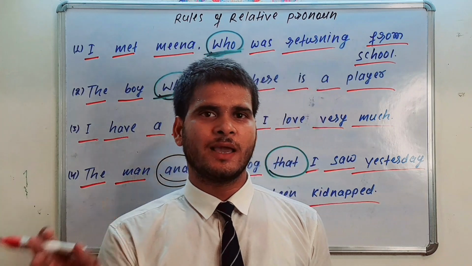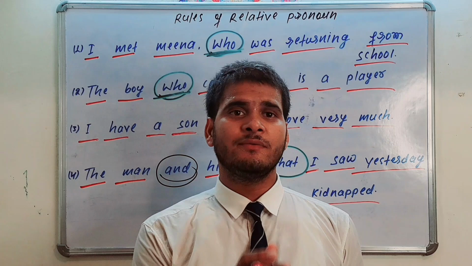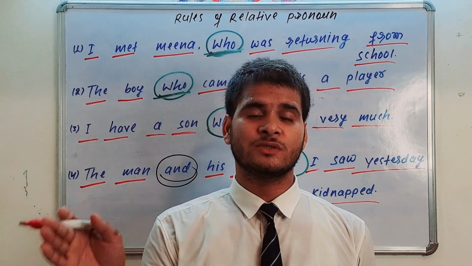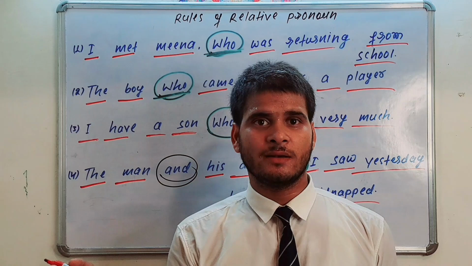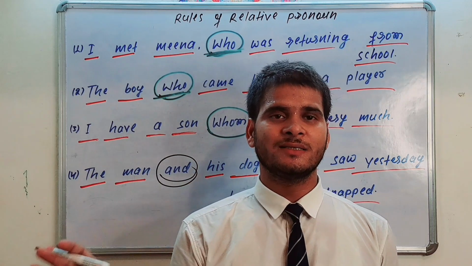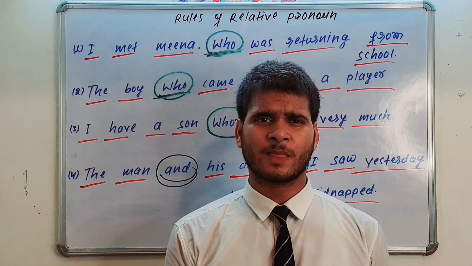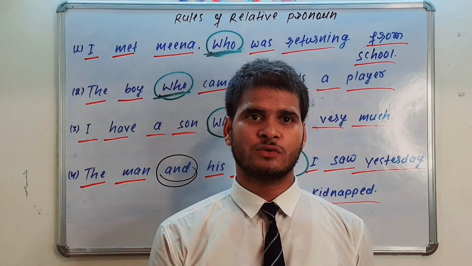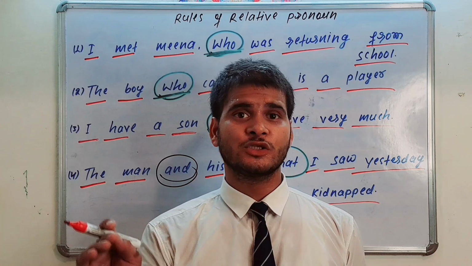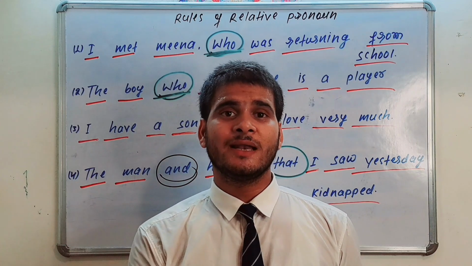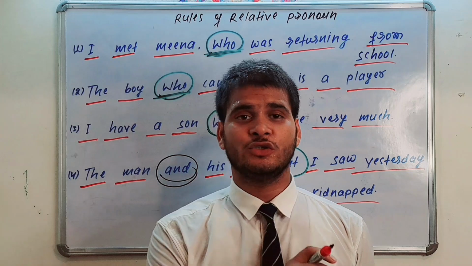Now let's see again and understand it better. Third rule: if two antecedents are used in a sentence by joining the conjunction and, in which the first should be a person and the second should be animals or things, then after that the relative pronoun that is used.